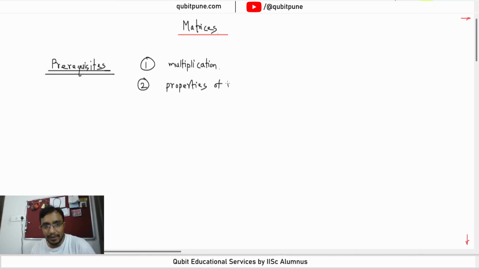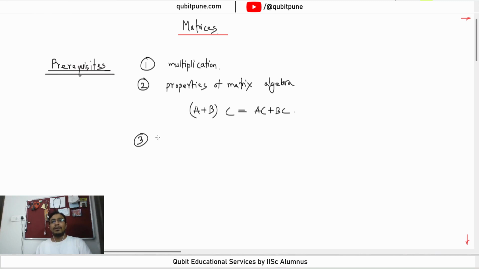Okay, properties of matrix algebra. Specifically, if I want to do (A + B) into C, it is AC plus BC, the distributive property, and so on. Okay, fine. Does everyone know, or is everybody comfortable with row transformations?